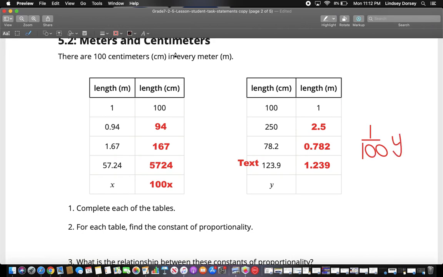So 1/100th times y. 1/100th is also equal to 0.01 times y.